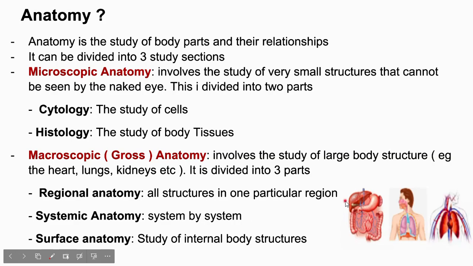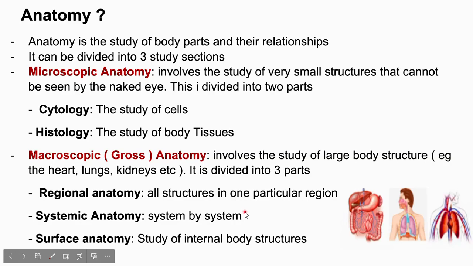Systemic anatomy, on the other hand, is a study of systems. For example, we have the human immune system and the nervous system. So we study these structures, how they function, how an impulse is transmitted. Of course, that is the physiological part, but we study the different types of nerves, how these nerves function, how the action potential is driven, and how it's transmitted.